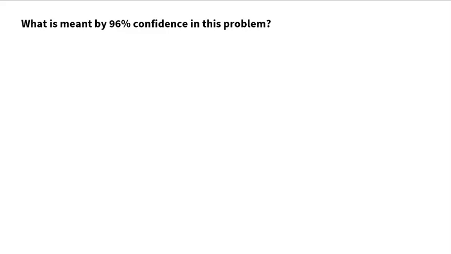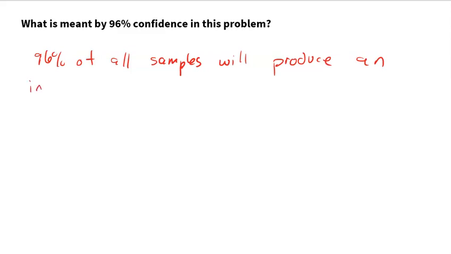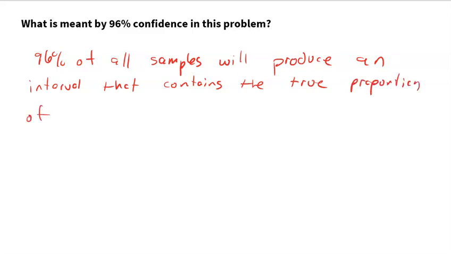When we talk about 96% confident, we mean 96% of all samples will produce an interval that contains the true proportion of malnourished dogs in Summit County.